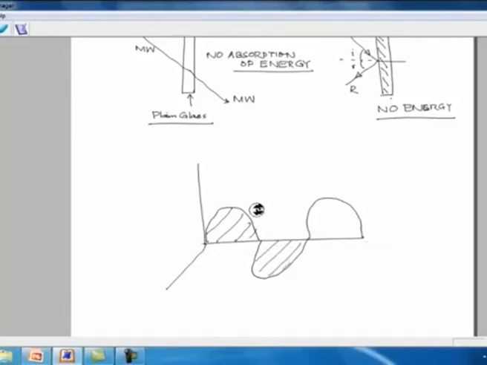So, this is x, this is y and this is z. Then one component is in the xy plane, and the other component will be in, say, the zx plane. That means one is the electrical component and the other one is the magnetic component. So, they are orthogonal to each other.